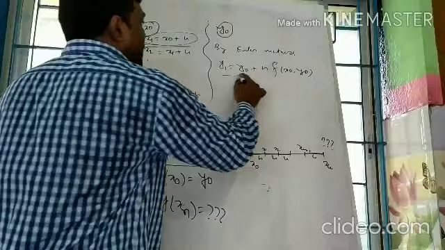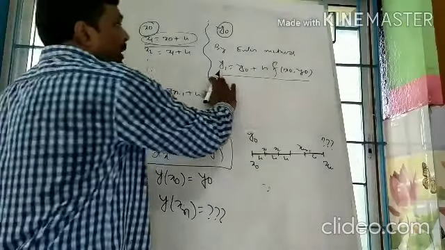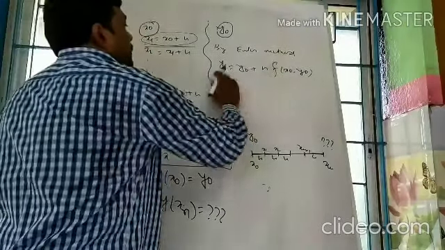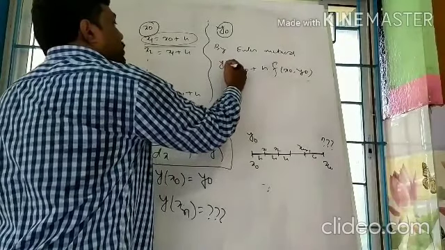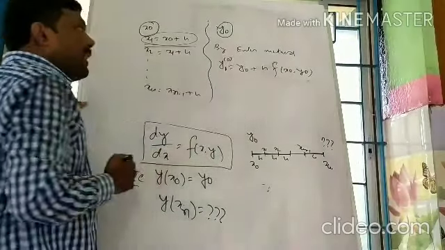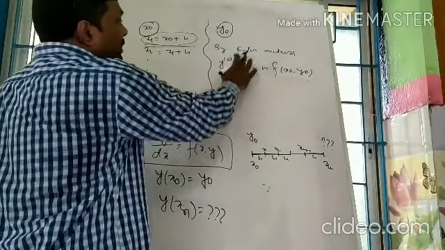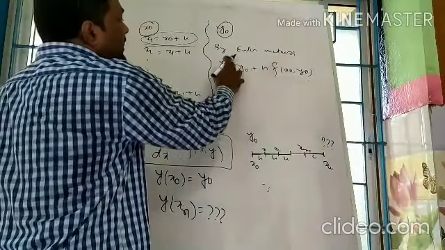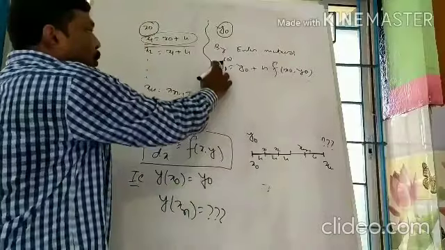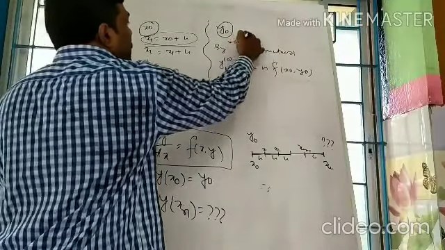This is for Euler method. But for modified Euler method, this y1 is actually the initial approximation of y1. So for modified Euler method, calculate y1 first using Euler method. That is the initial approximation of y1, so y1(0) is the initial approximation.